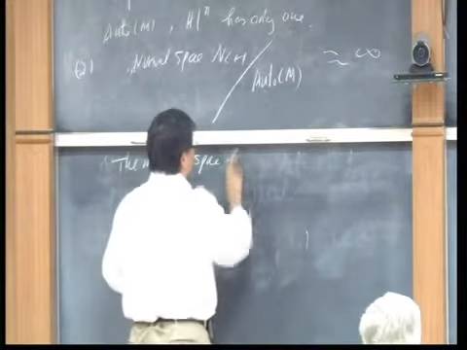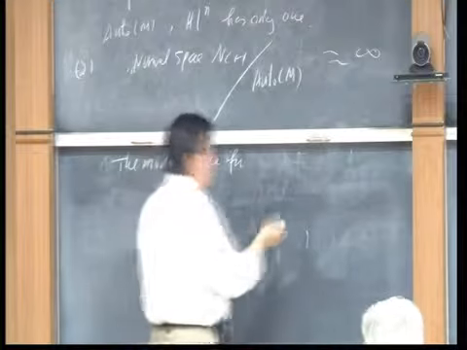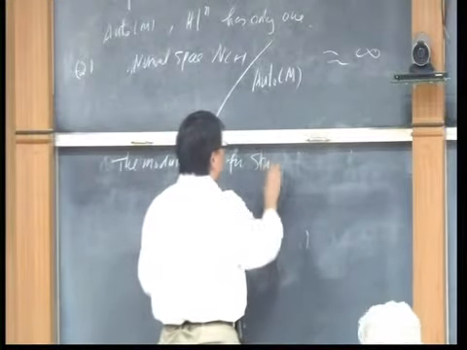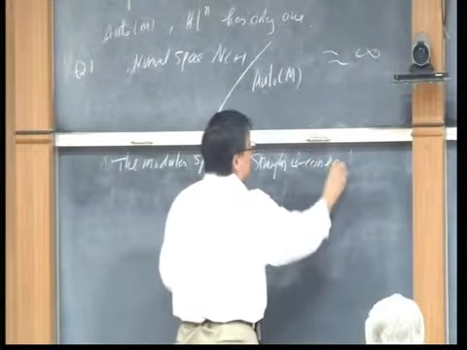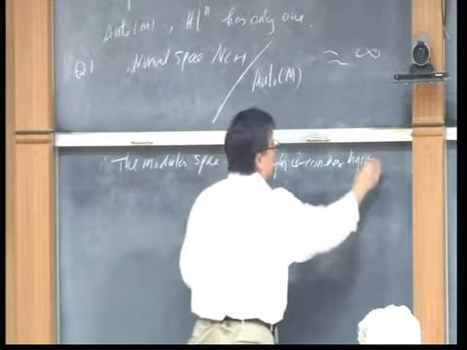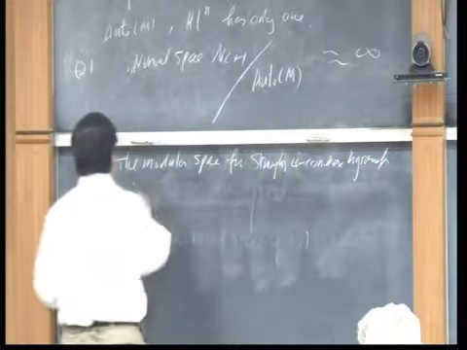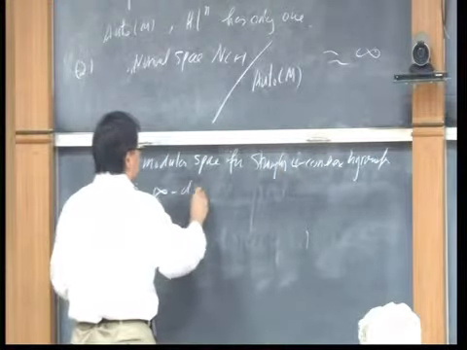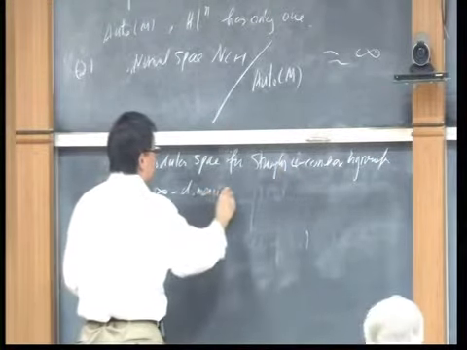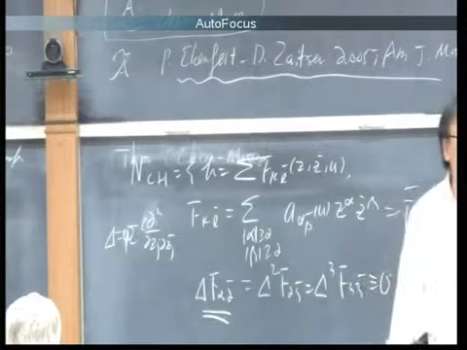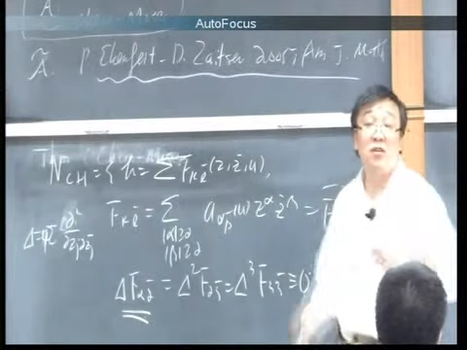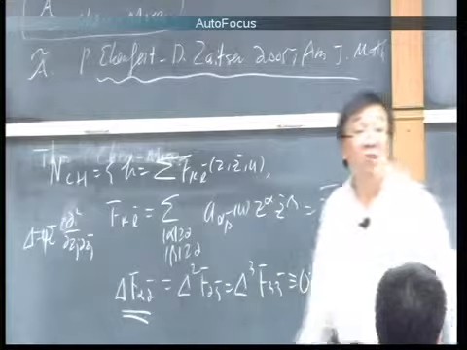You have the moduli space for germs of strongly pseudo-convex hypersurfaces, and it is infinite-dimensional. Well, this is very different from the one-dimensional case. In the one-dimensional case, the moduli space is just zero, because any real analytic curve is the same. They're all the same. You can always flatten it.